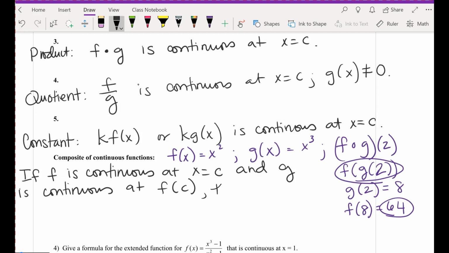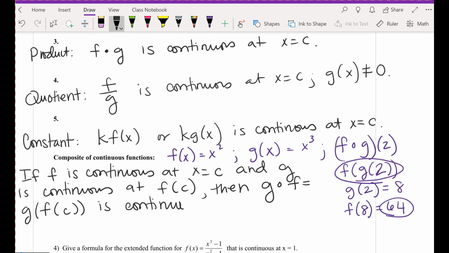Then the composition of g of f, which by definition, by the way, is g parentheses f of c, okay? So g composed with f equals g of f of c is continuous at x equals c, okay?